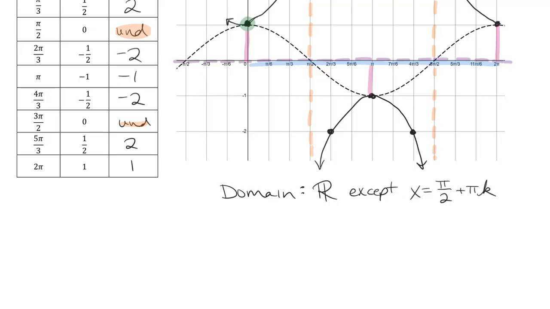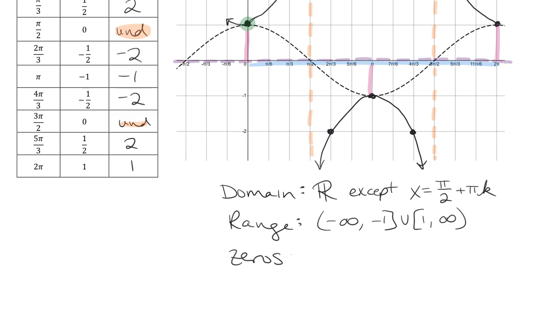Since this is the reciprocal of cosine, the range is also the reciprocal, meaning it's everything except for -1 to 1. So from -infinity to -1 or 1 to infinity. This graph has no zeros because, again, it does not cross the x-axis.